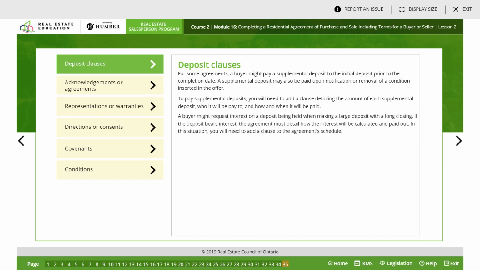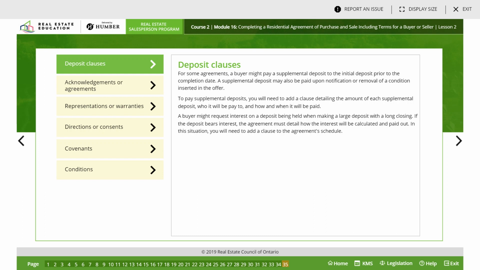So there's deposit clauses. For some agreements, a buyer might pay a supplement deposit to the initial deposit prior to the completion date. A supplement deposit may also be paid upon notification or removal of a condition inserted in the offer. To pay supplement deposits, you will need to add a clause detailing the amount of each supplement deposit, who it will be paid to, and how and when it will be paid.